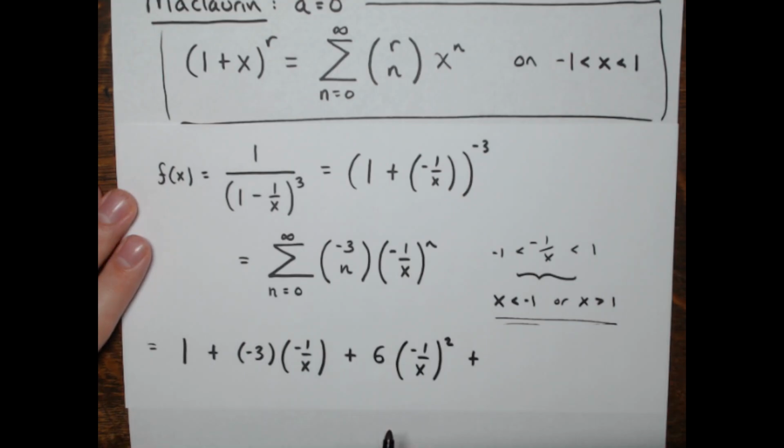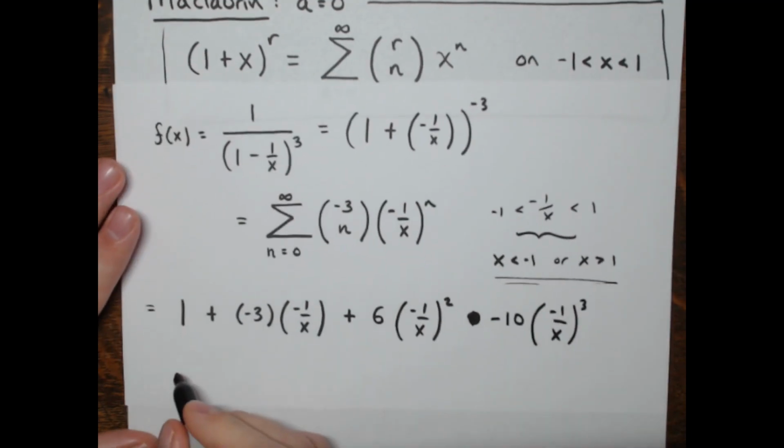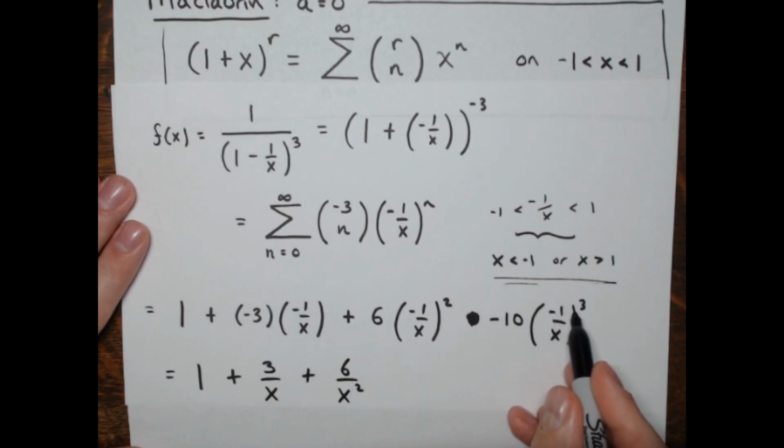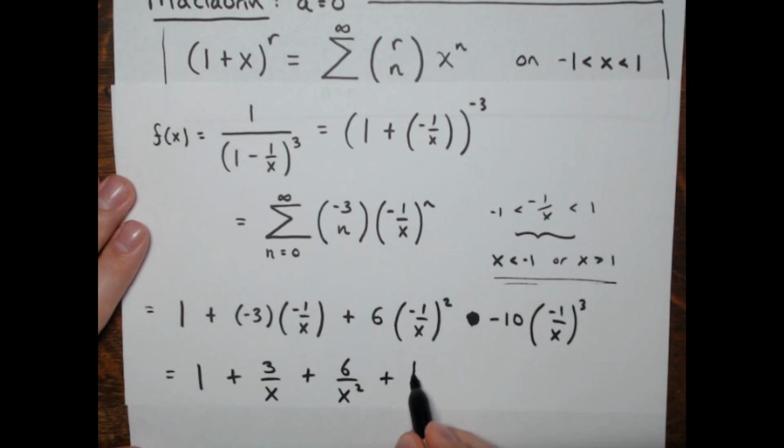So that'd be negative 60 divided by 3 factorial, divided by 6, would be negative 10. So minus 10 here times negative 1 over x to the third. And so first term is 1, second term is plus 3 over x, then plus 6 over x squared. And then negative 1 cubed is negative, so plus 10 over x cubed, right, and so on.